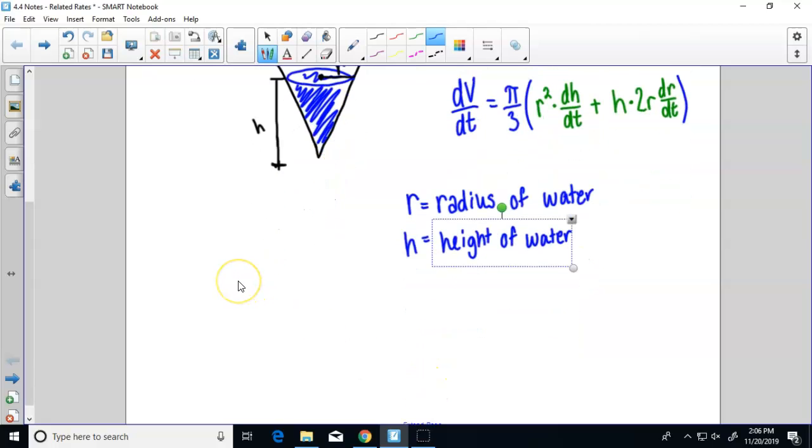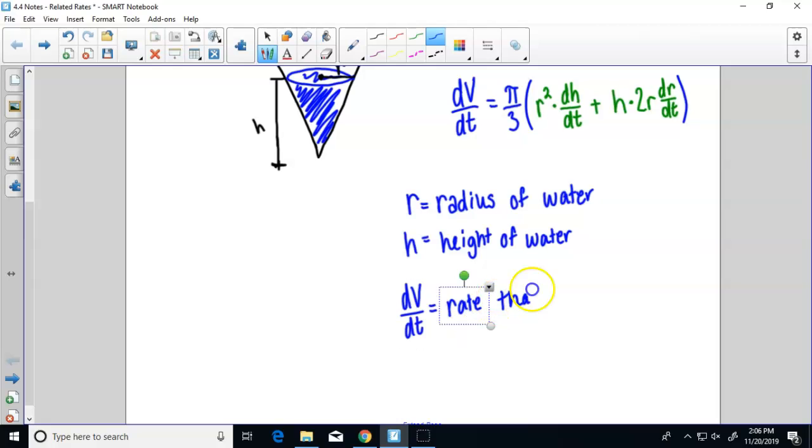So whenever we see dv dt, this is the rate that the volume is changing.